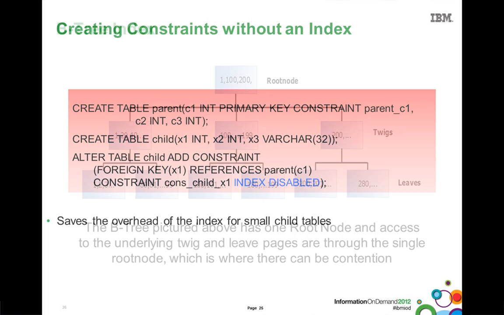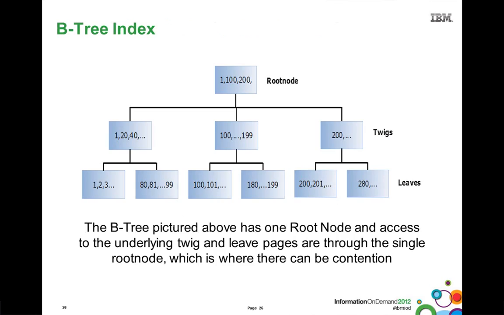One of the things we've also done is add a new index type. Traditionally, what most people generally use is a B tree. A B tree has one root node, and then it has twigs and leaves, and we could have a 2 or 3 level index or many level index, but there's still one common thing in the B tree, and that is the root node.